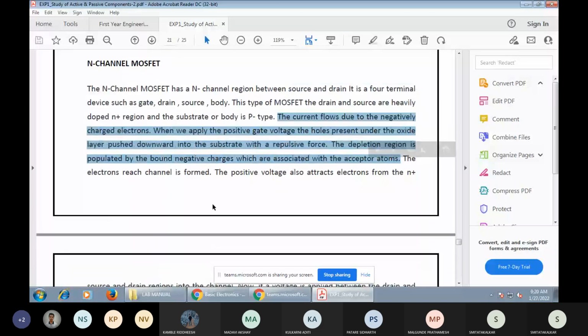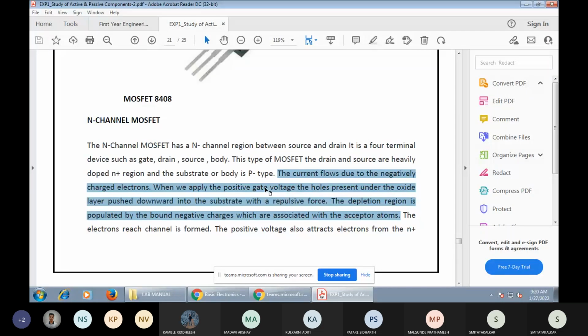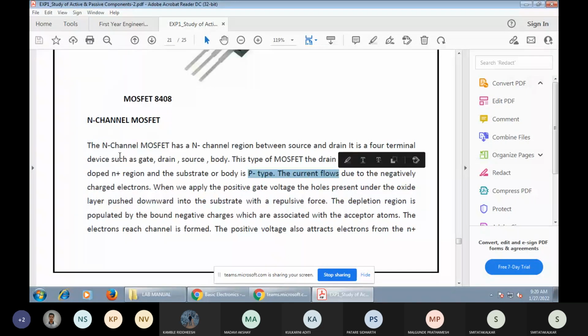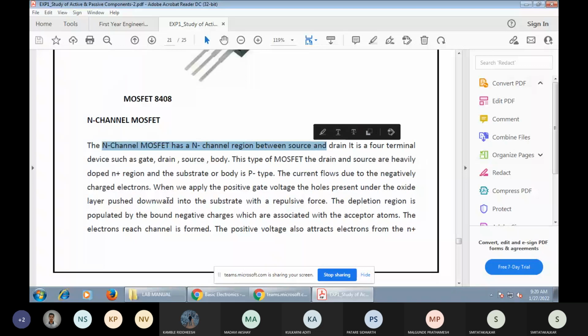In the P channel, the positive holes create a negative charge, and in the N channel region, electrons first create a negative charge, and once the junction is formed, a positive charge is created.